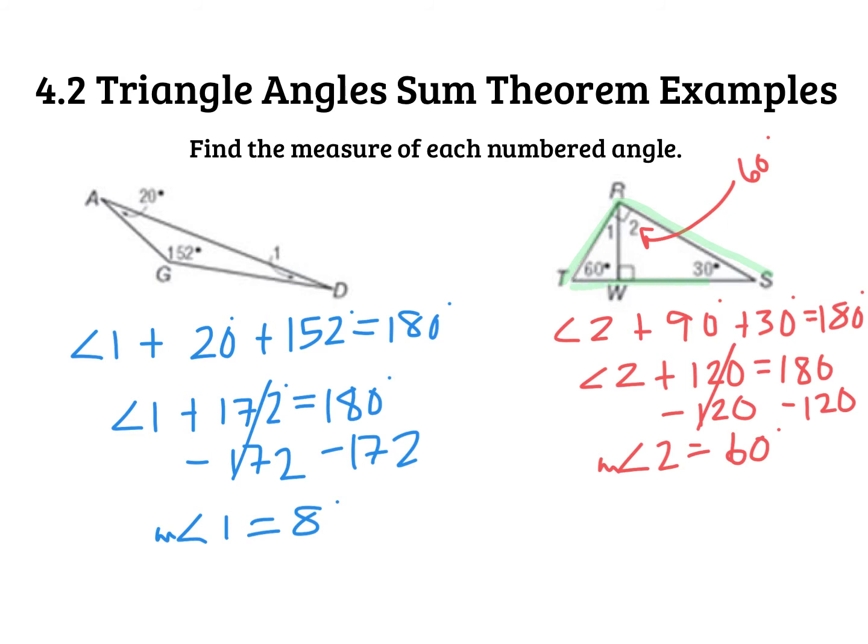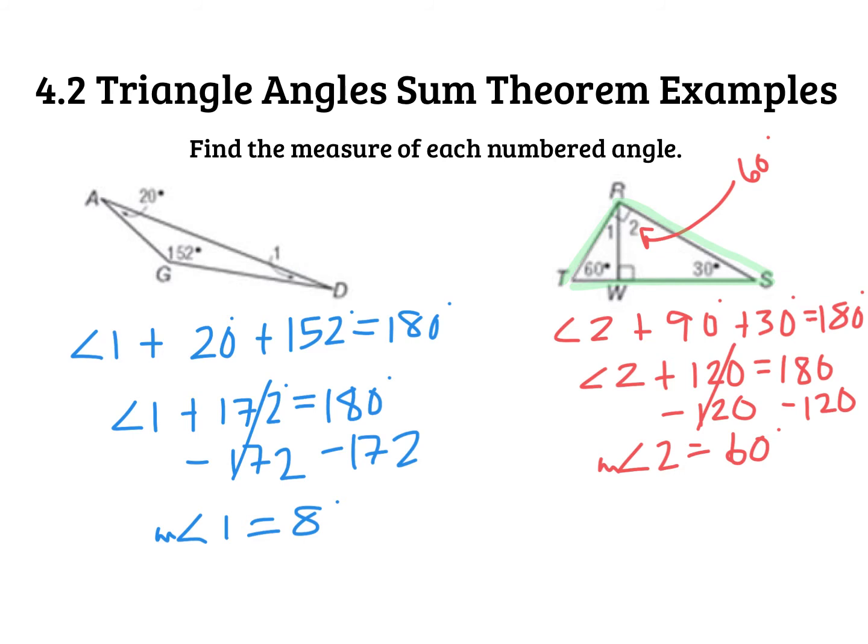You can use the full triangle if you want and set that equal to 180. You already know that the smaller piece is 60 degrees, so 60 plus something plus 60 plus 30 should equal 180, or you can treat them separately, right?